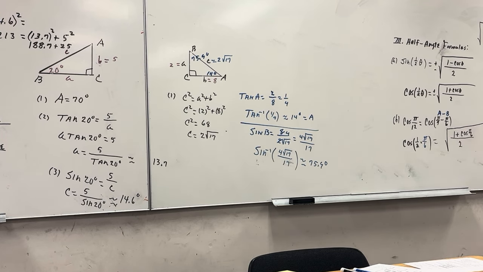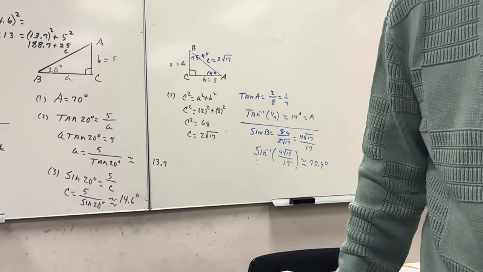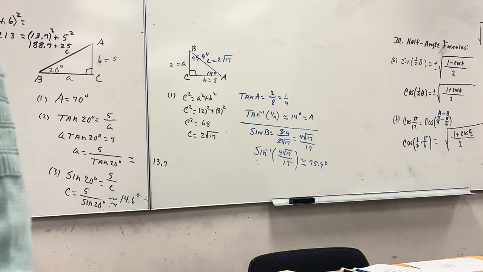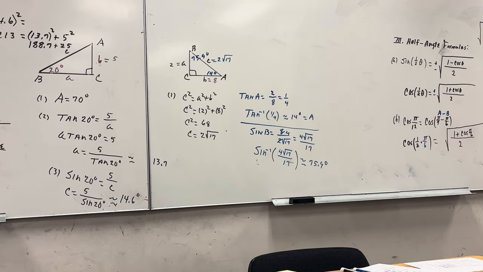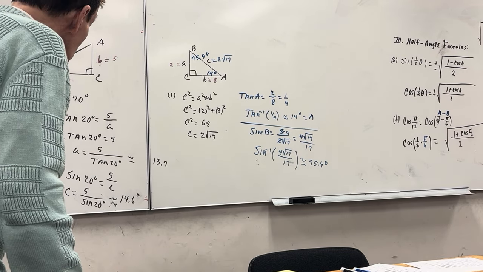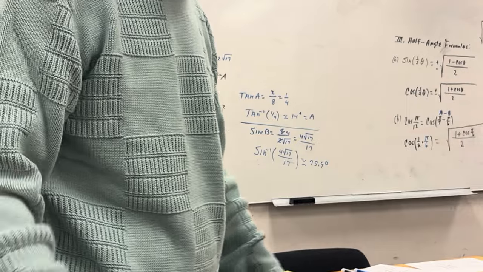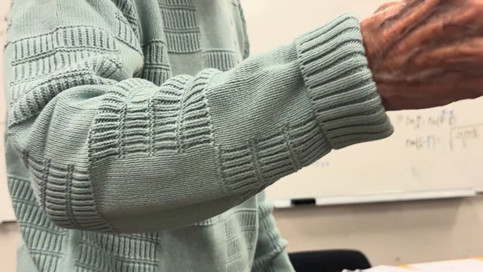I've got to give you a 30-degree, 60-degree, or 45-degree angle. I'm limited. I can't give you angles like I did up here. It's the same routine, but you'll have special angles to work with.